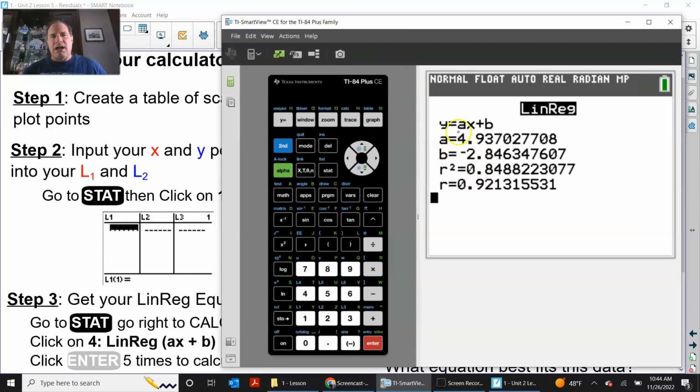All right, so I have this right here. This is 4.93, which, if you round it to the nearest hundredth, would be 4.94, and then this is a negative 2.85.